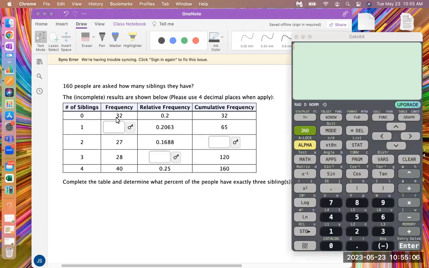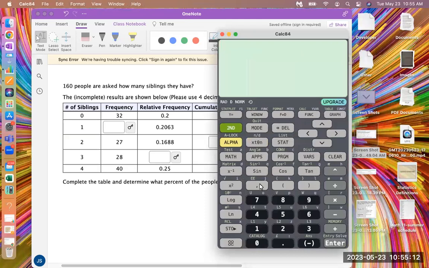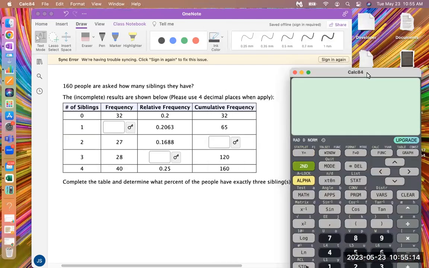And all of them said either 0, 1, 2, 3, or 4. So you could do that by adding all those numbers together, and then subtracting that sum from 160.